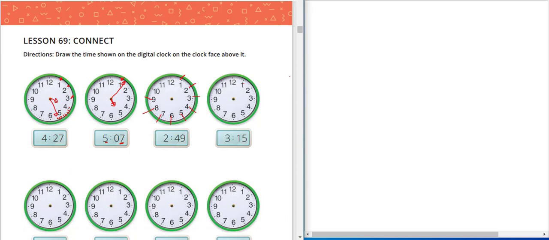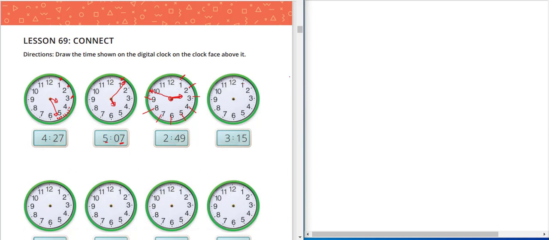After 45, skip count by 1 step: 46, 47, 48, 49. So the minute hand will point to this dash, long hand for minutes, and 2 hours. Since 49 is a greater number of minutes, our hour hand will be between 2 and 3 and nearest to 3.